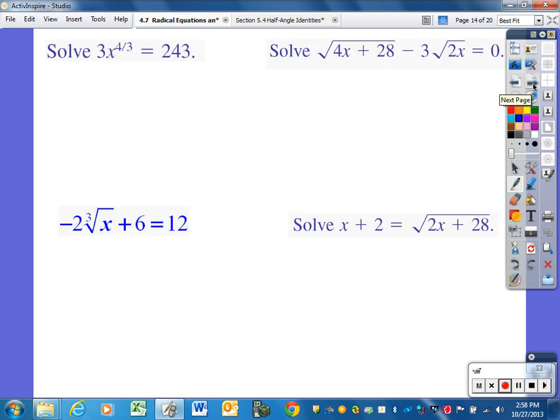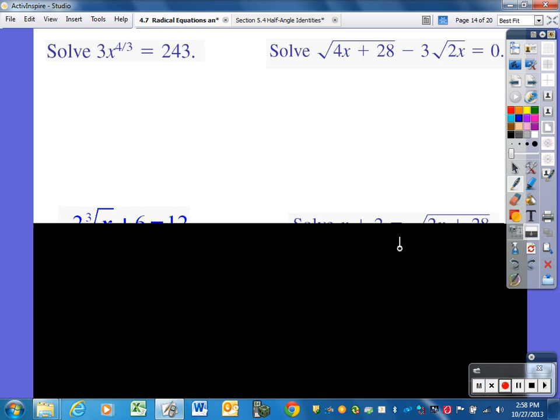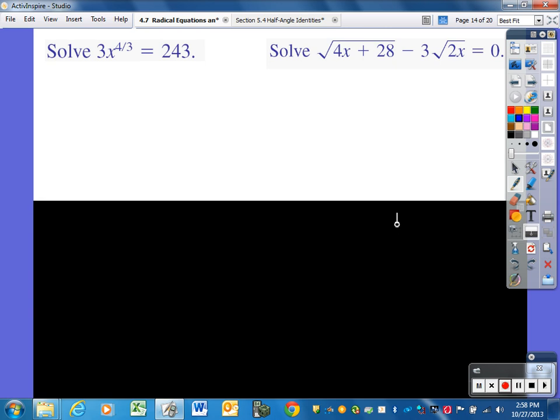All right, now let's actually do some algebra, some symbolic solving. We want our variable to the power left for last. So, divide by 3. x to the 4/3 equals 81.